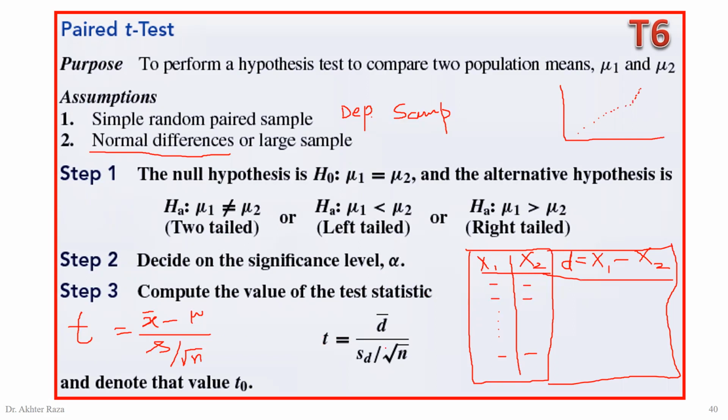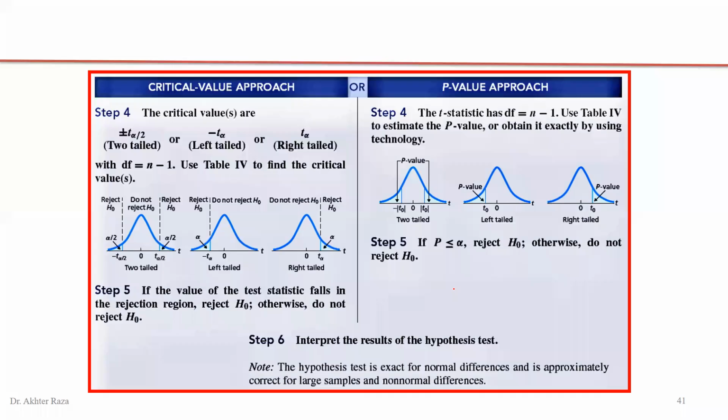So this formula and this formula are exactly identical. The mean is not here because the difference of two means is zero. If I substitute the difference here, that difference will be zero. Only the sample mean remains, represented by D bar. The sample standard deviation is represented by the standard deviation of the differences. And similarly, we have n in the denominator.